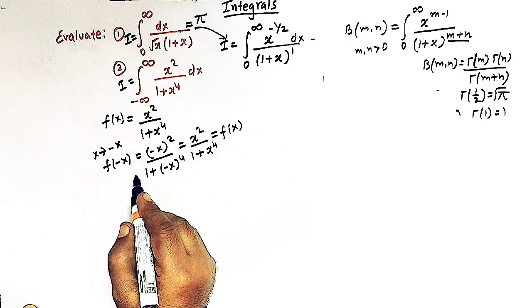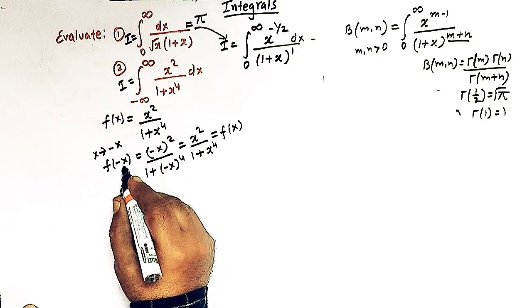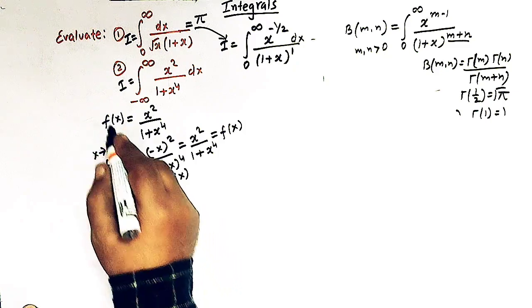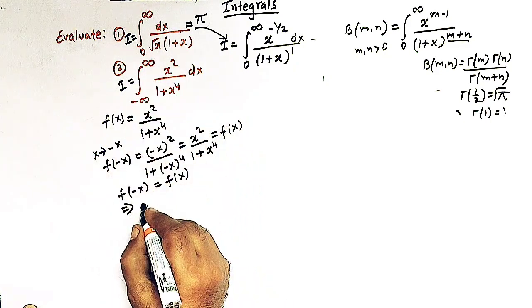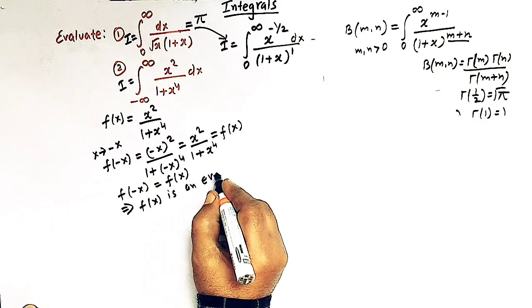So we arrive at this conclusion that f of minus x is equal to f of x, which suggests that our integrand, that is f of x, is an even function, right?